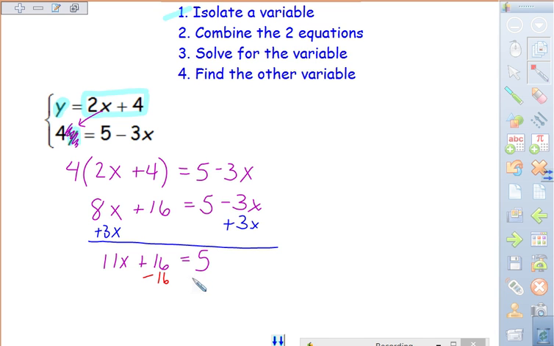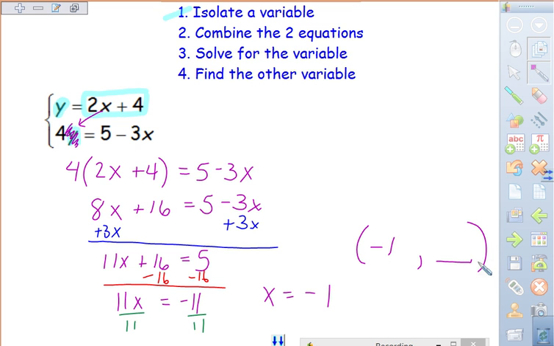Subtract 16. And divide by 11. So the first half of our answer is -1. That's our x value.